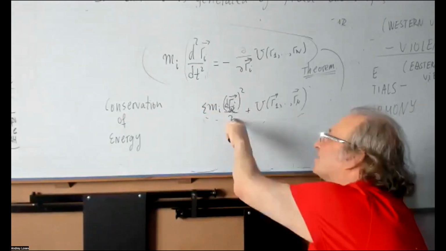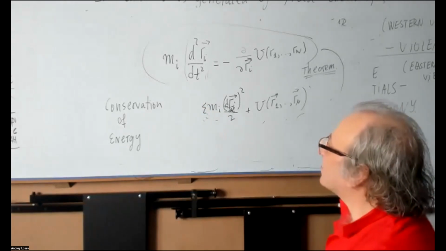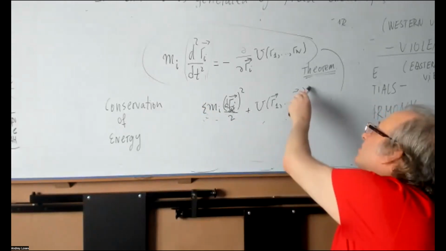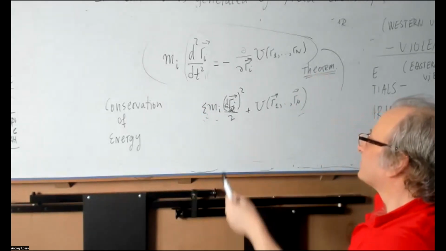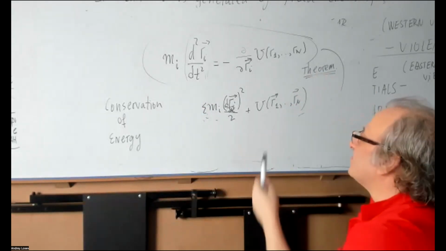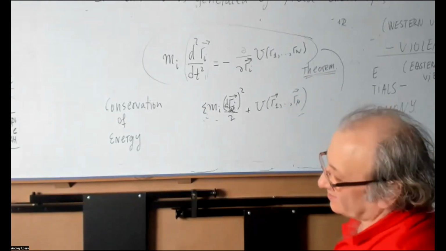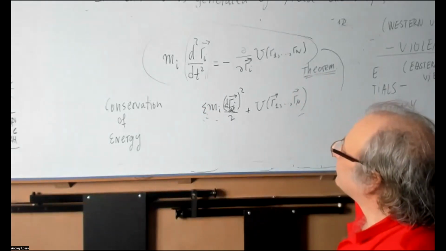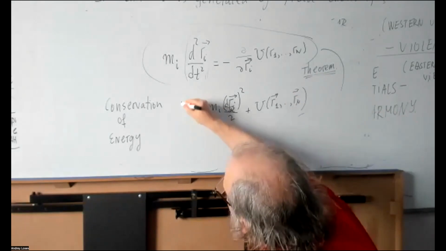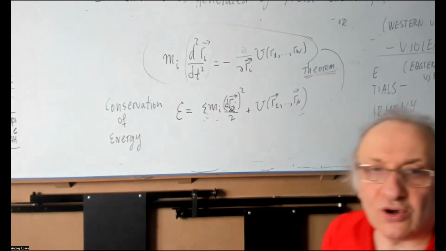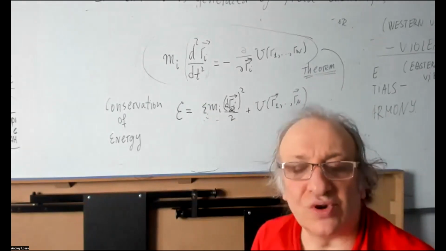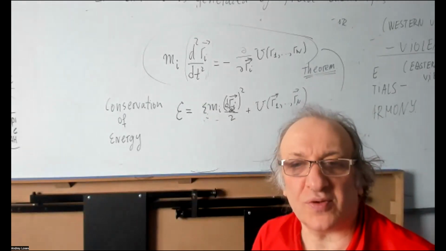The first is called kinetic energy. The second term is called potential energy. And for the system, total energy is conserved. Later on, we will come to derivation of this equation from different points of view.